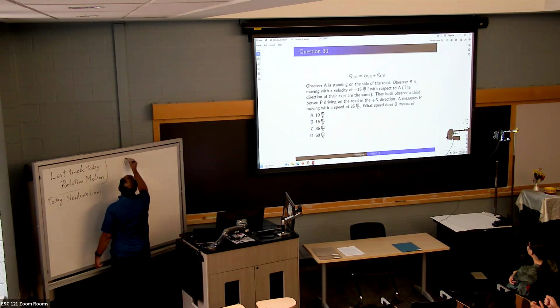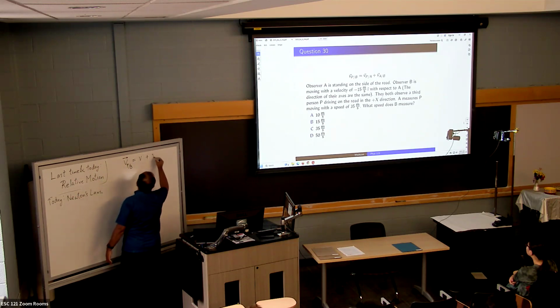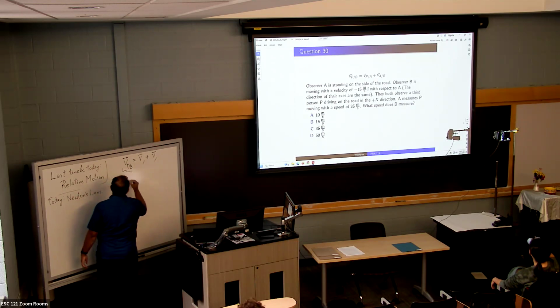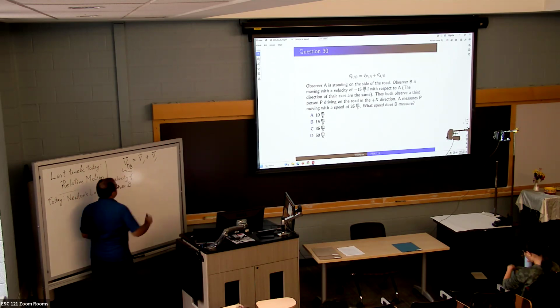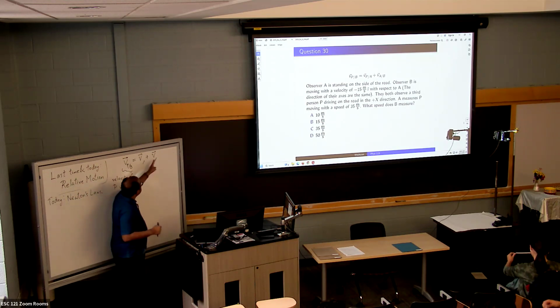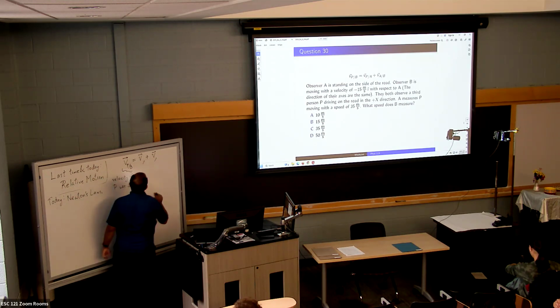First, let's refamiliarize ourselves with the notation. For example, this quantity here, I read it as the velocity of P with respect to B, or velocity of P as seen by B. And what I can do is express that as the sum of two other velocities.